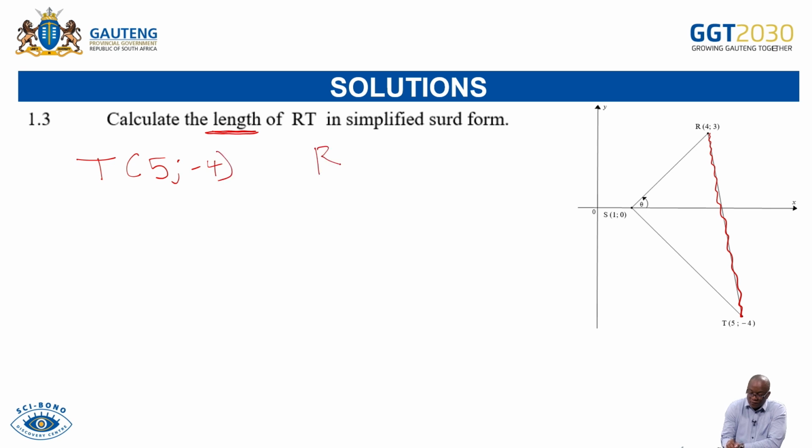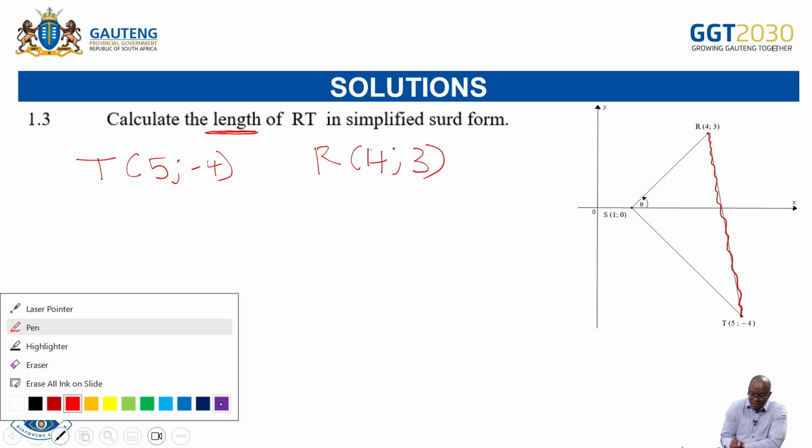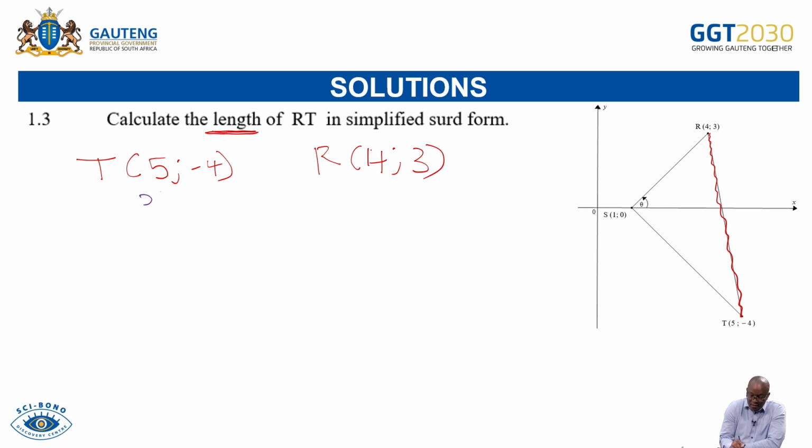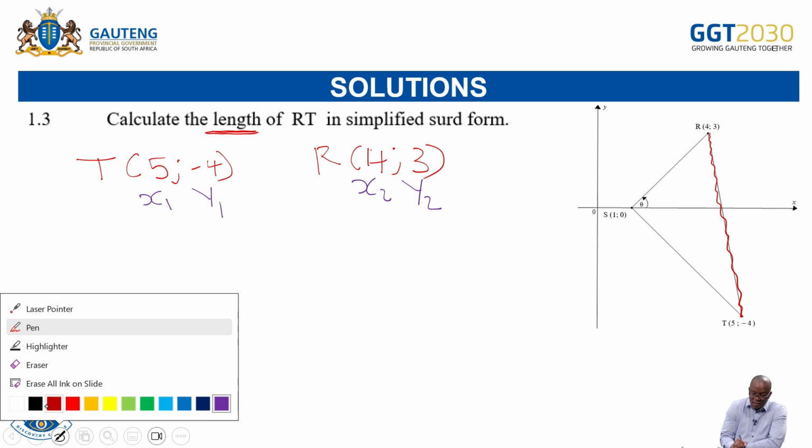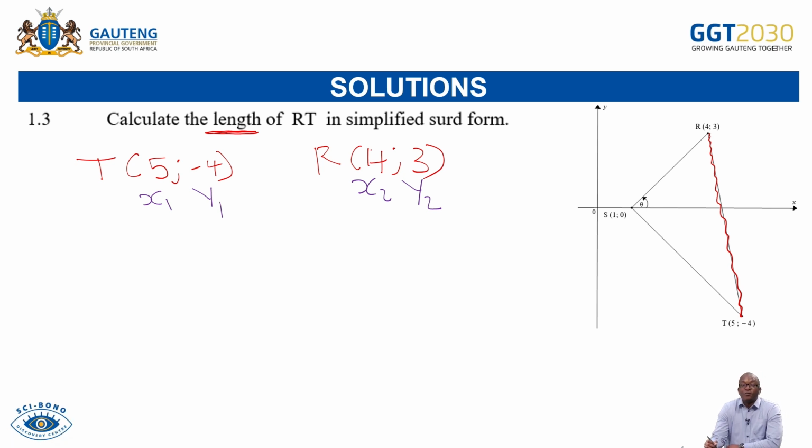Then you also have R, which is (4; 3). I said all the time, make sure that you label them x1, y1, x2, y2. Then you identify the formula for the length. Remember, we can call it the distance as well.